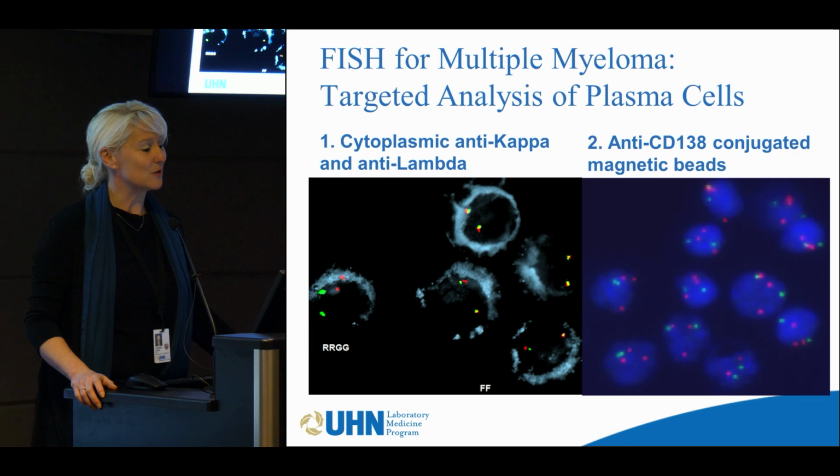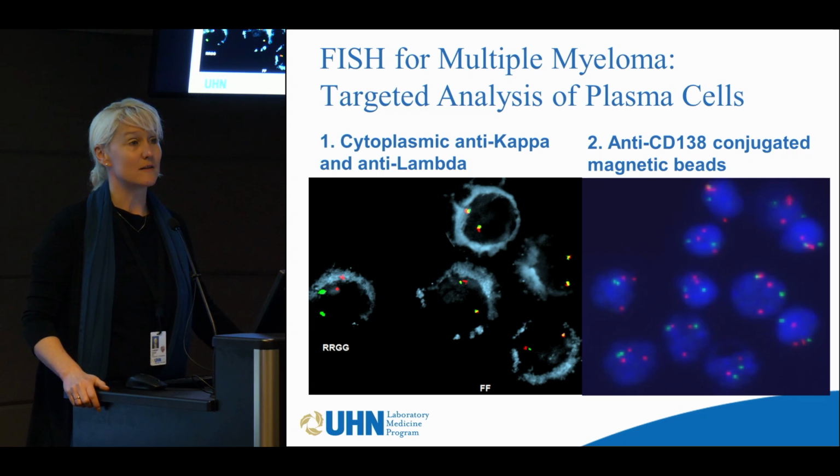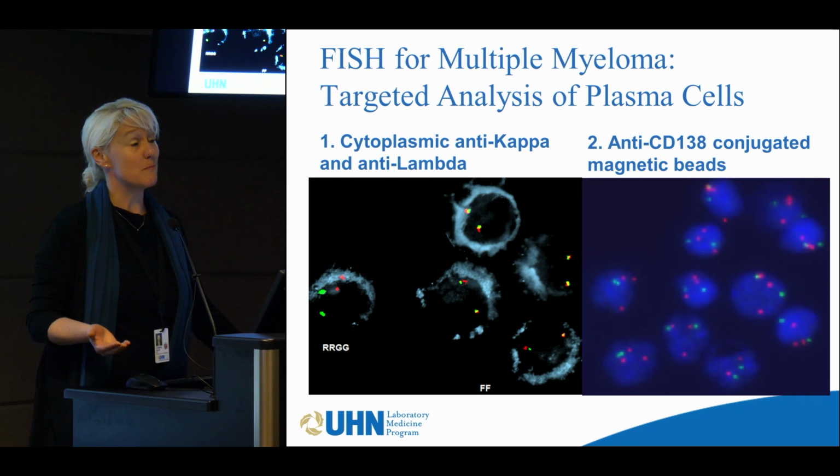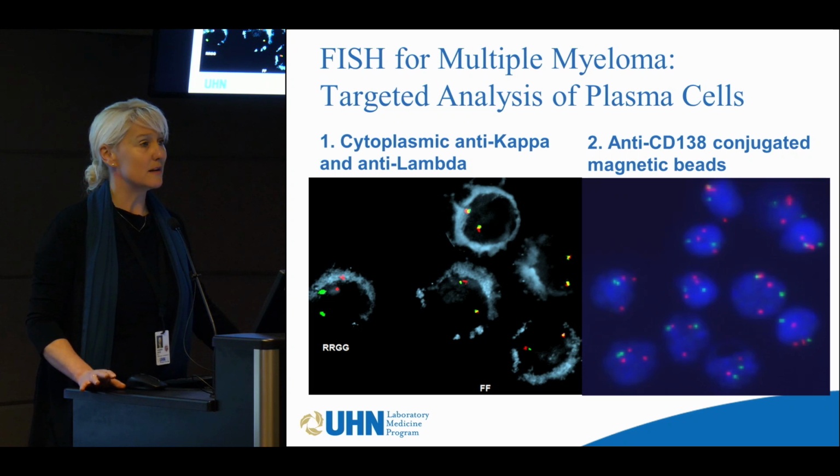One is using immunofluorescence, and this is highlighting either the kappa or lambda light chains, which are known to be highly expressed, either kappa or lambda, within plasma cell neoplasia.